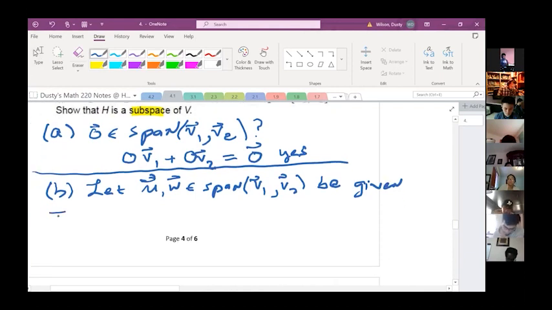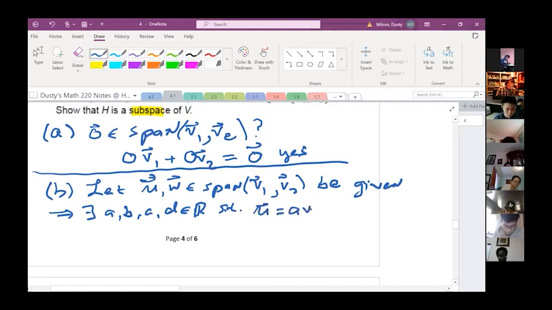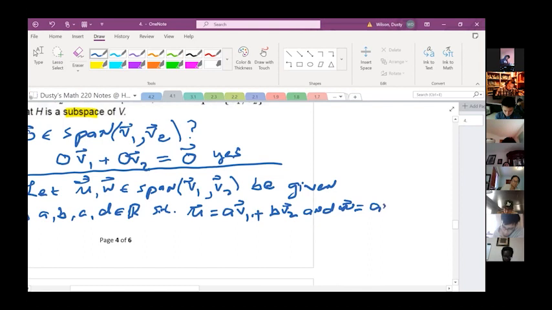So this means there exist A, B, C, D scalars, so in R, such that U equals AV1 plus BV2 and W equals CV1 plus DV2.